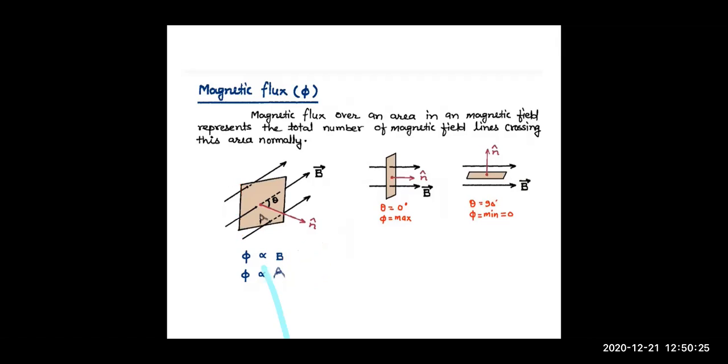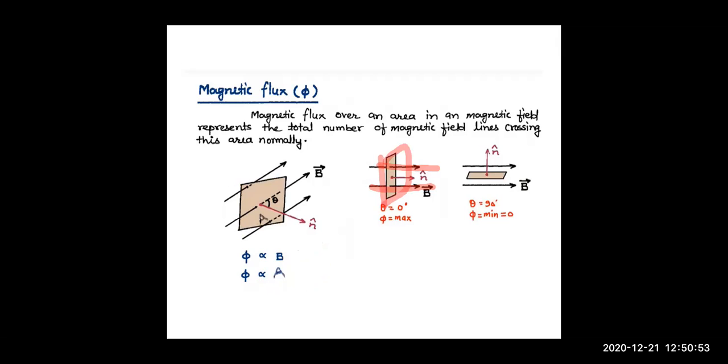Now children, let us consider two different situations. Here you can see that the plane is kept perpendicular to the magnetic field, or the area vector and the magnetic field are along the same direction.